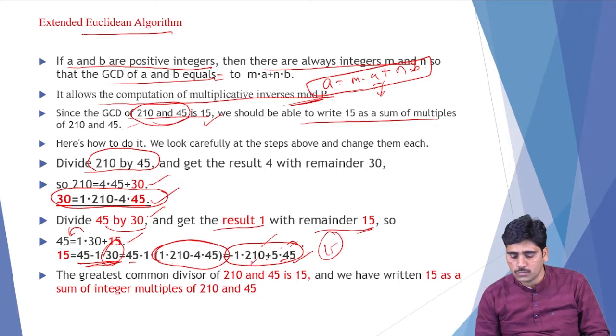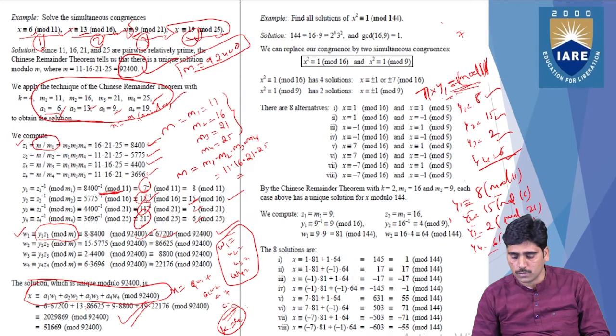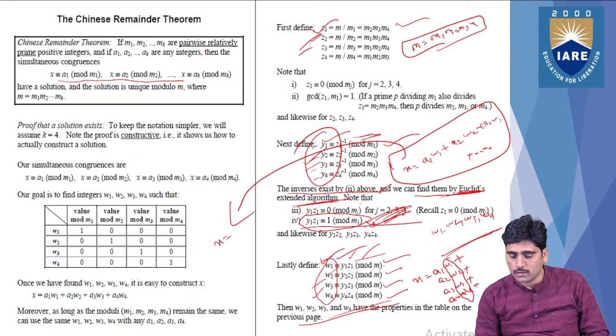Why we are saying this is to obtain a congruent solution. We can remember this formula for prime integers.